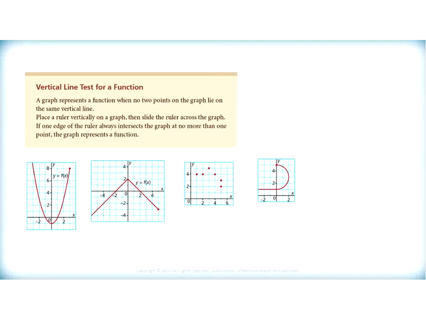So for example, if we look at the 4 examples you see here, I can draw as many vertical lines as I wish on this graph. There will be no vertical line that will intersect the graph in more than one point. So this graph does represent a function. The second graph, again, I can draw as many vertical lines as I wish, and it will always intersect the graph at only one point. It doesn't matter where I draw the vertical line, so this as well is a function.